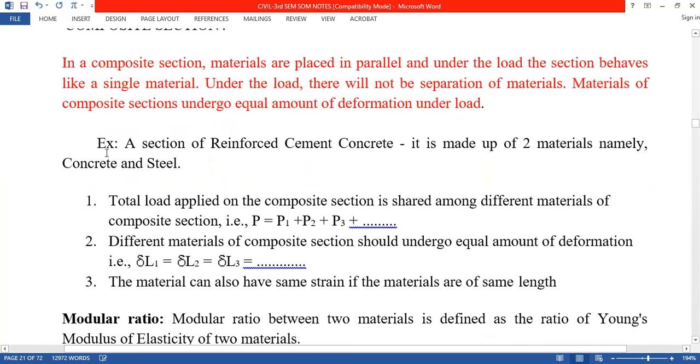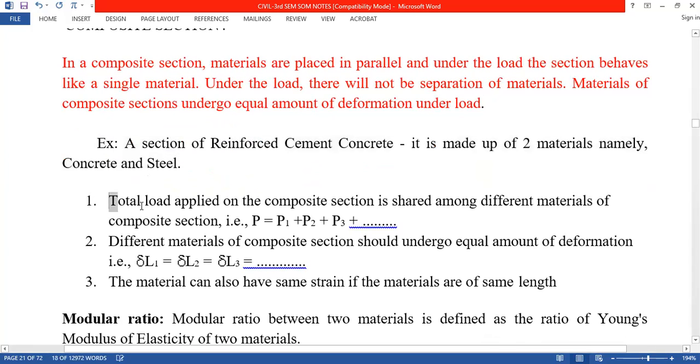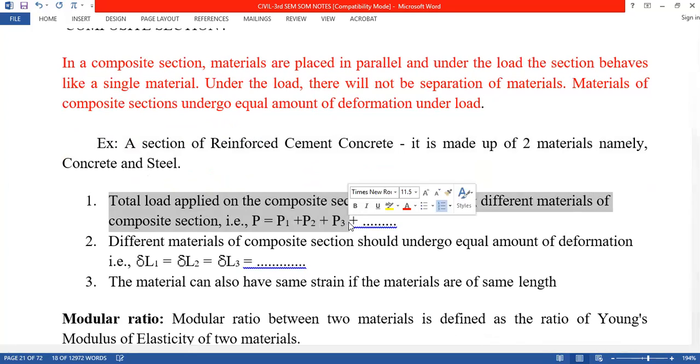For example, a section of reinforced cement concrete is made up of two materials, namely concrete and steel. In such cases, the load carrying capacity of a composite section will be P equals P1 plus P2 plus P3, that is nothing but the applied load.